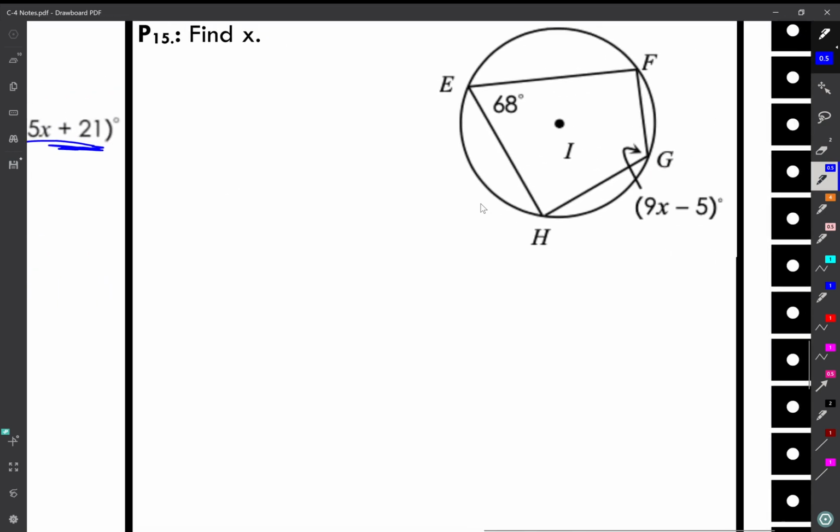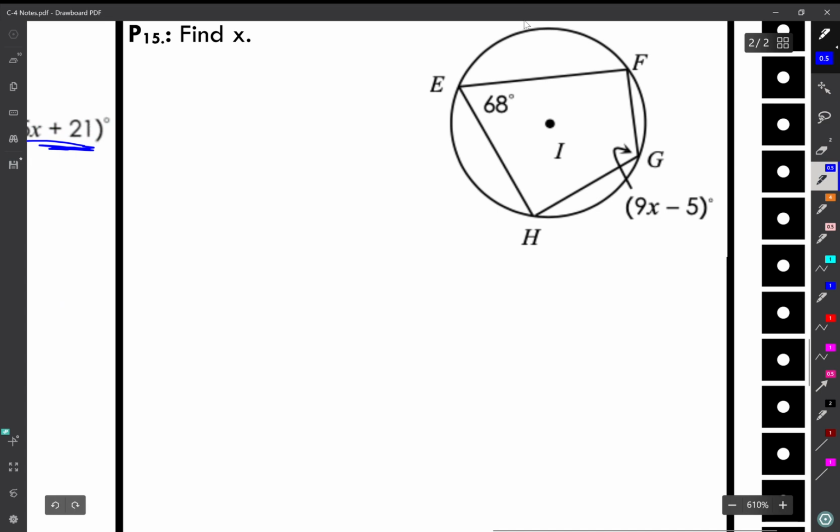All right, number 15. Notice I have an inscribed quadrilateral right here, and I'm given expressions for a pair of opposite angles. We know that in an inscribed quadrilateral, opposite angles are supplementary, so we'll set this up as follows. We'll just add those two up and set them equal to 180.